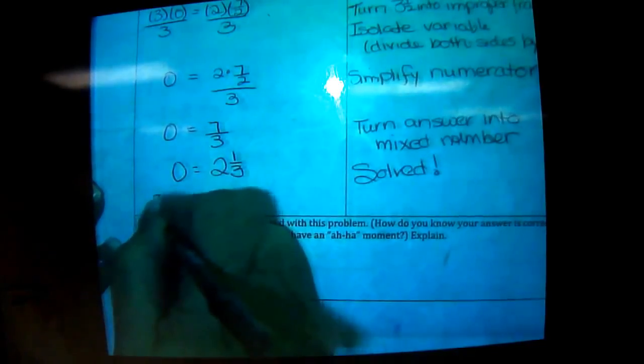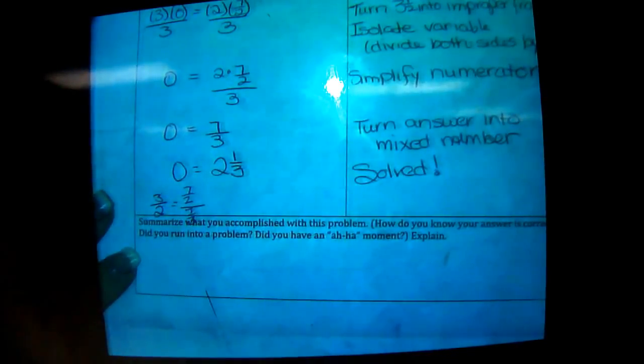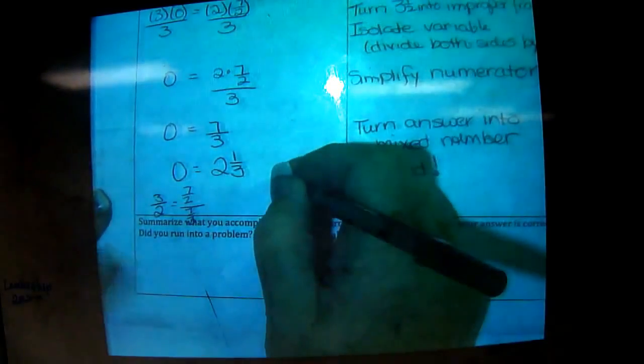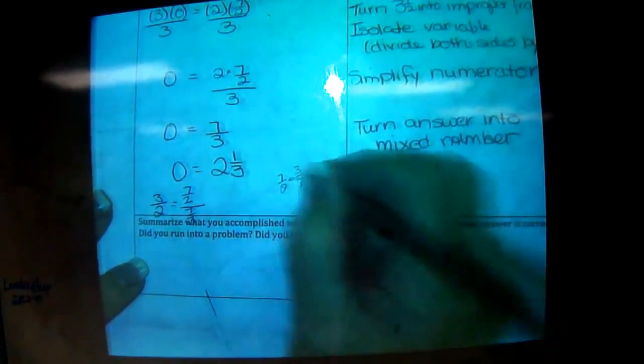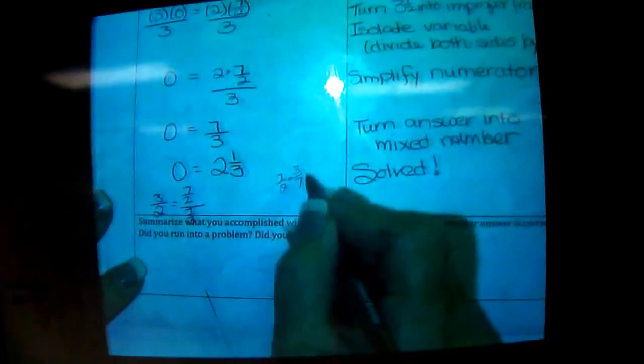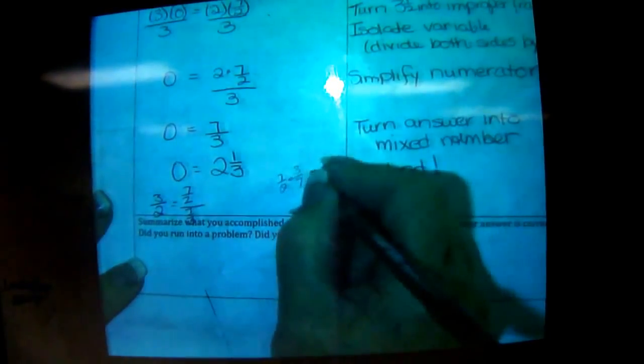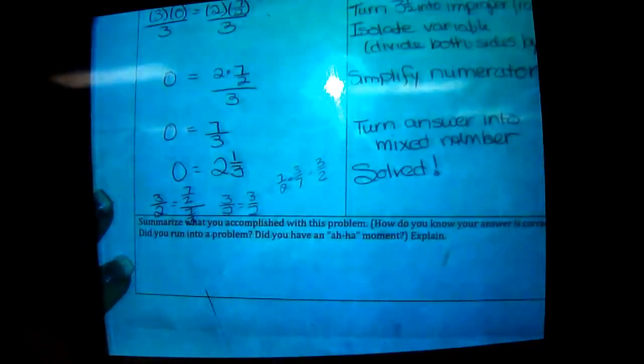Shall we? 3 halves equals 3 and 1/3... what's 7 halves times 3 sevenths? 3 halves. 3 halves equals 3 halves. That works out pretty well, doesn't it?